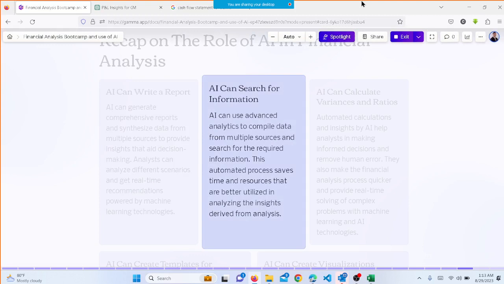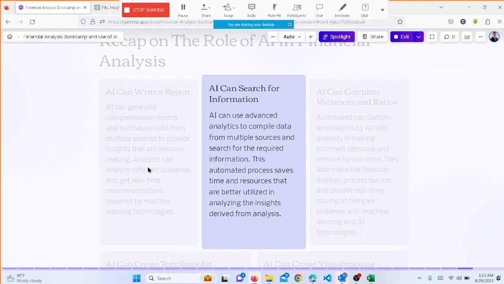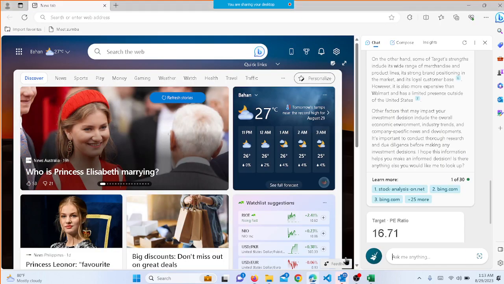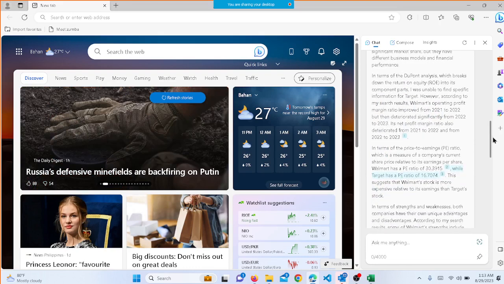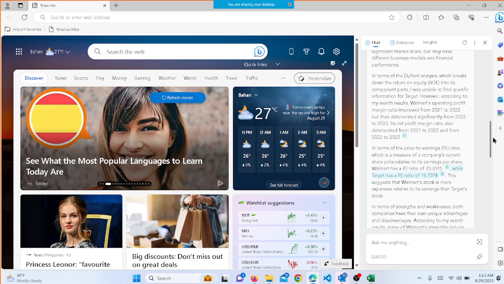AI can help you search the information. I'll show you the use case of Bing, where you can give it a command like this, and we can calculate the information. So even we don't have to go anywhere on the website. I downloaded the profit and loss statement and calculated them myself.